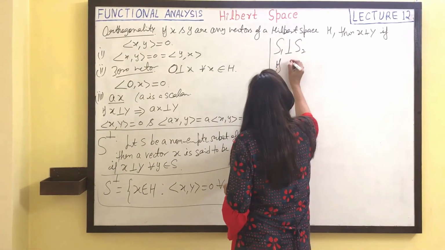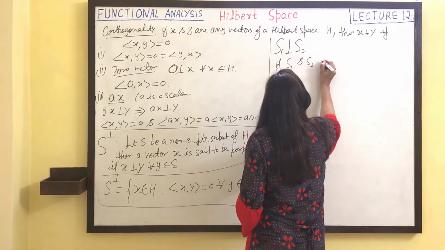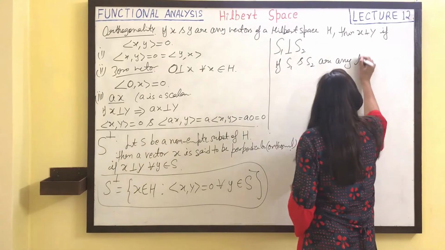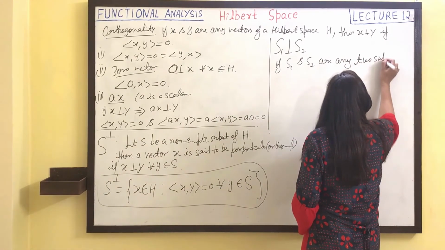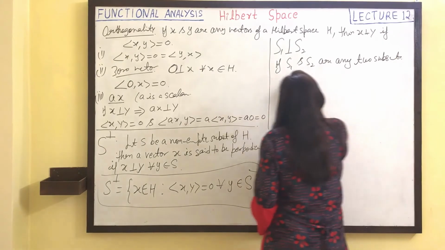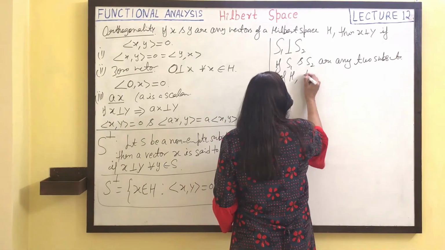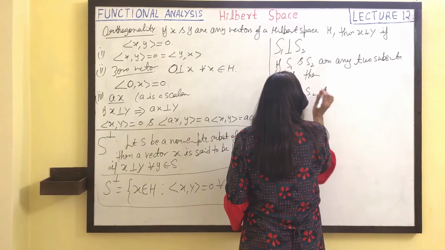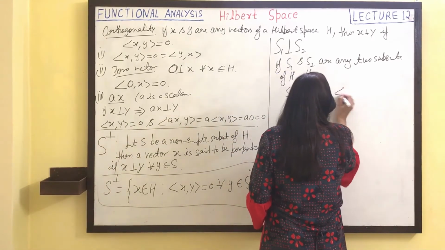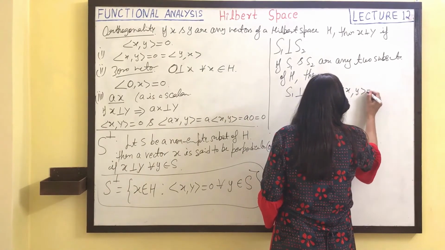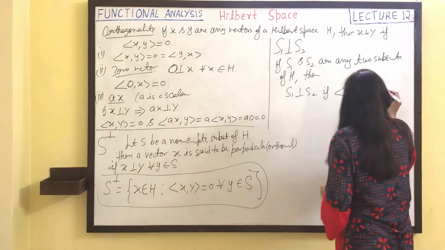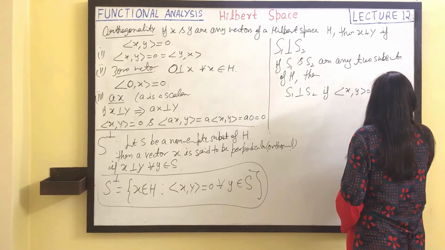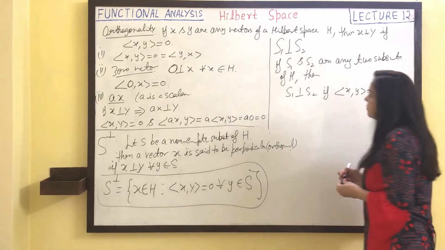If S1 and S2 are any two subsets of H, then S1 is perpendicular to S2 if the inner product of x comma y is equal to 0 for all x belongs to S1 and y belongs to S2.